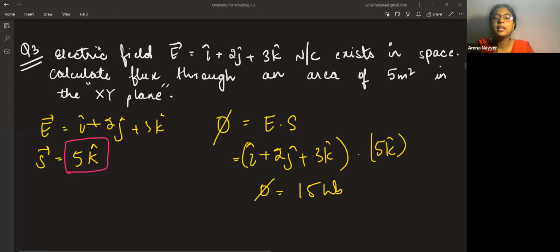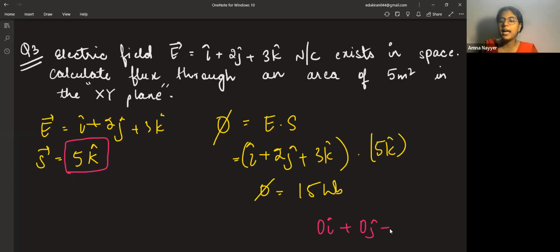See, Mariam, the entire equation that you are having over here is actually if 5k cap is only written. So it's like 0 i cap plus 0 j cap plus 5k cap dotted with i cap plus 2j cap plus 3k cap.